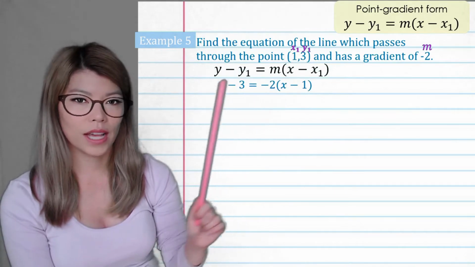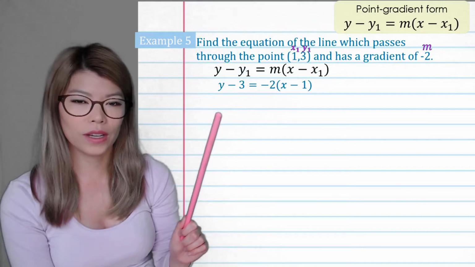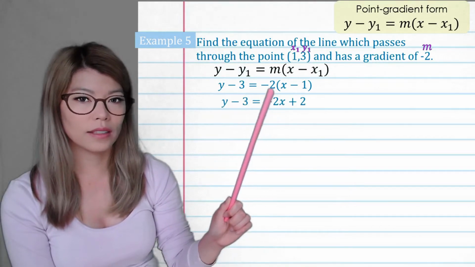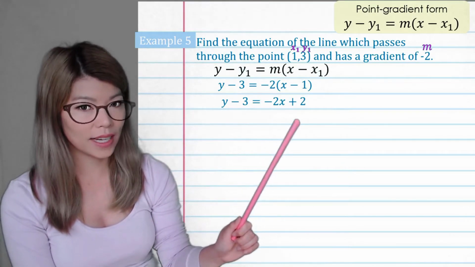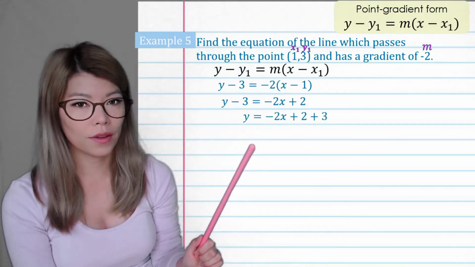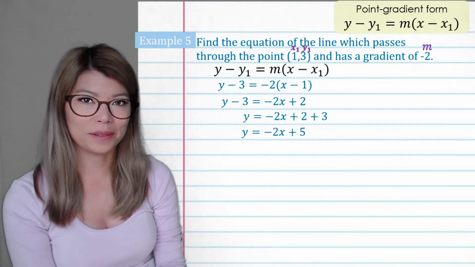And now we just have to rearrange or simplify and we'll get our equation. So expand, so we have minus 2 times x is minus 2x, minus 2 times minus 1 is positive 2. Be very careful with the negatives. Now bring the 3 to the other side, it becomes positive 3, and then 2 plus 3 is 5. So now we have our equation.